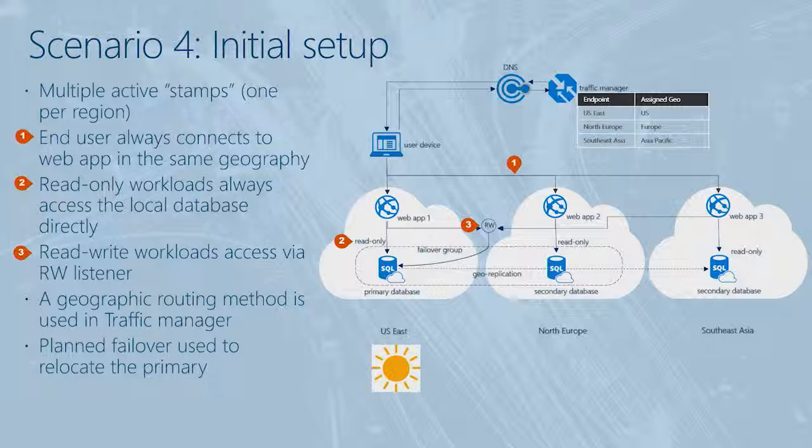So when it's daytime in the US, all operations go through Web App 1 in the US, and Web App 1 connects through the read-write endpoint, which points to the local database, because the primary during the daytime in the US is located in the US.